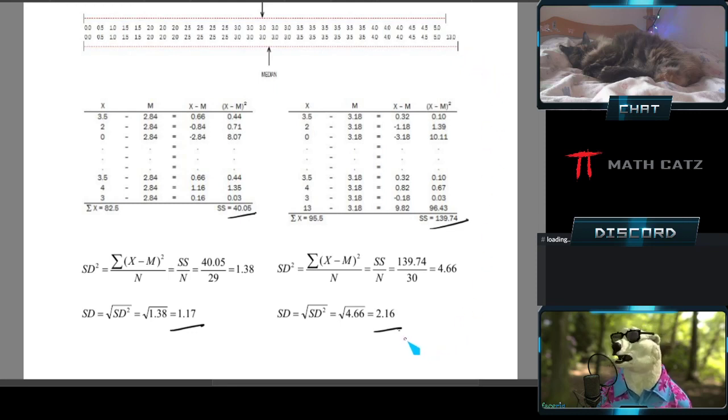And that should be reflected in the standard deviation. If I now have two that I can compare with each other, the second one, the one on the right here, should be bigger.